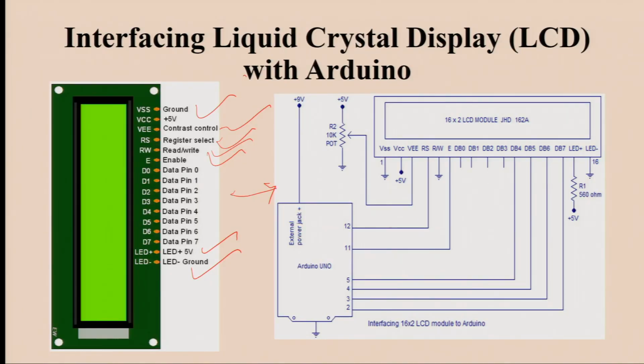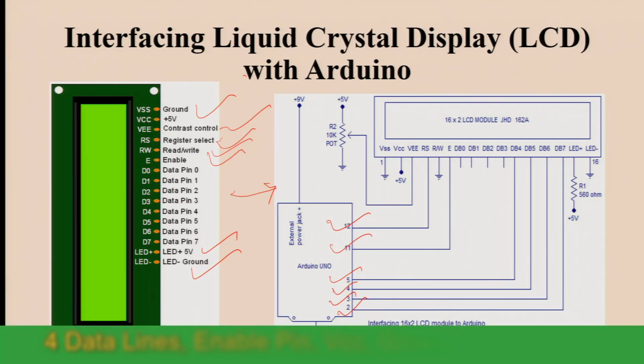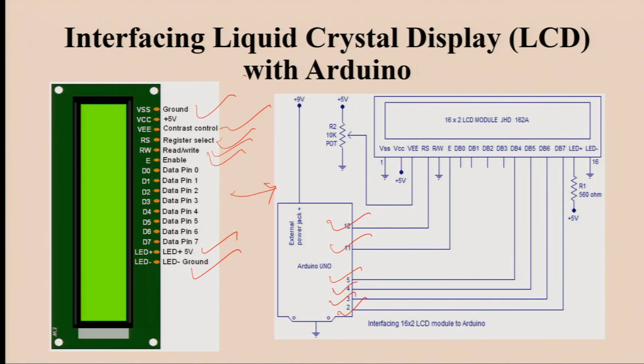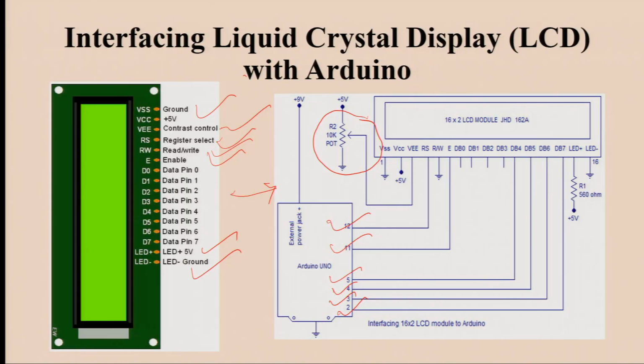Now, what may be a common issue for a beginner with this particular hardware setup? There are so many pins that you need to connect. It includes 4 data lines along with the enable pin, VCC, ground and read write pins. Other than this, you also need to interface a potentiometer to your LCD board for contrast control on your system.